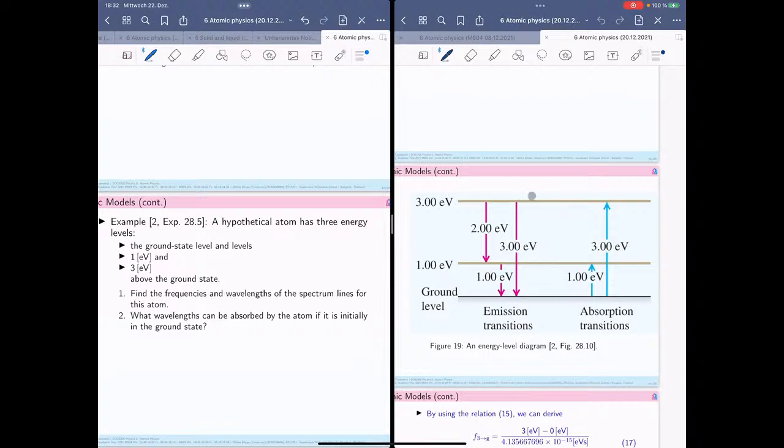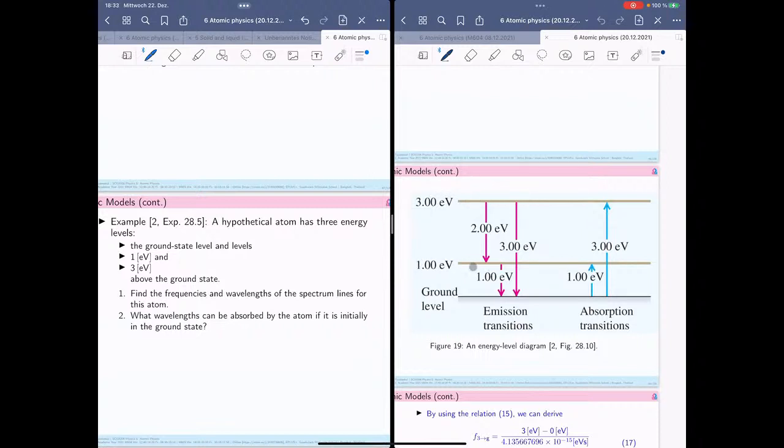Because we have three energy states here, 3 eV, 1 eV, and the ground level, you can have three possible emissions of light. The first one is 3 eV to 1 eV, and the second one is from 3 eV to the ground state, or 0 eV. That's two possible ways from the 3 eV state.